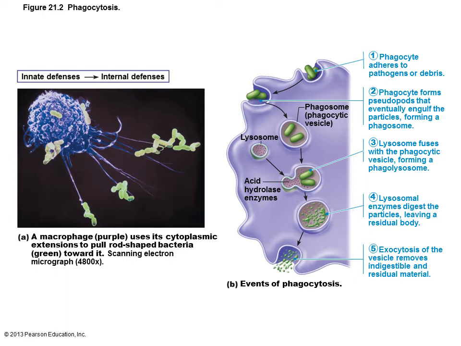Then it fuses with a lysosome, creating a phagolysosome, and the hydrolytic enzymes of the lysosome kill the bacteria within the structure, creating a residual body, so that the cell can exocytose those residual bodies. Helper T cells cause release of those enzymes, especially by producing oxygen radicals or by increasing the pH.